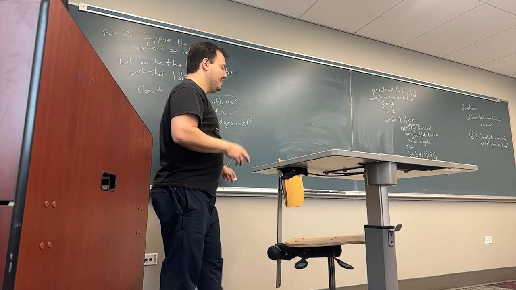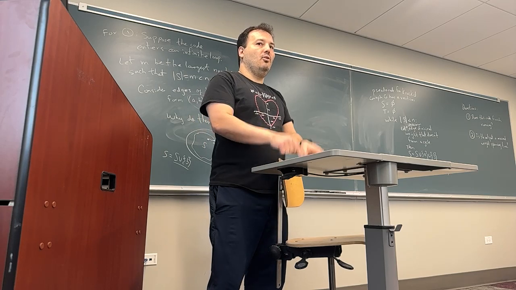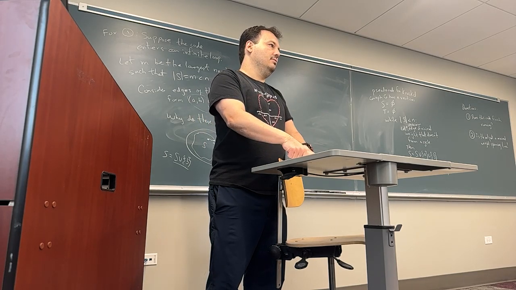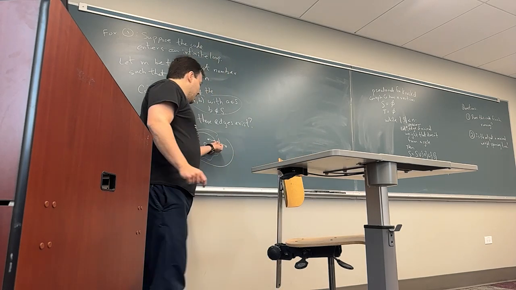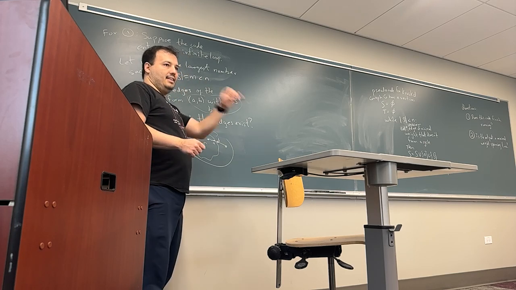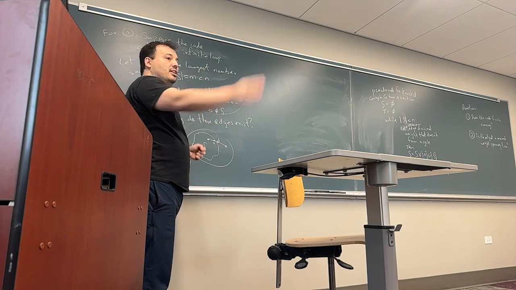But then think about, how could an edge be discarded? It can only be discarded if it builds a cycle. But this edge could not have built a cycle by construction. So once you add that information, these guys cannot build a cycle, so they could not have been discarded.